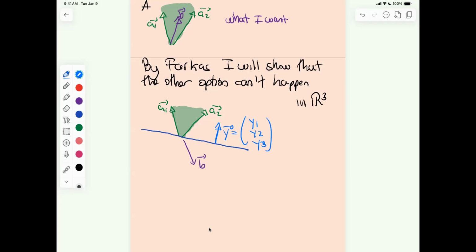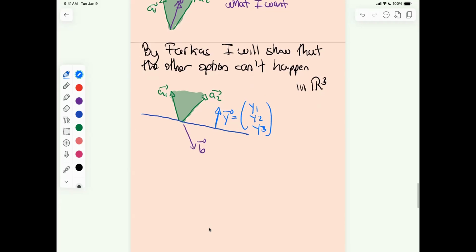And if this other vector is on the other side of the plane, the angle between them is obtuse, so the dot product is negative. So A1 dot y is positive, A2 dot y is positive, and B dot y is negative.